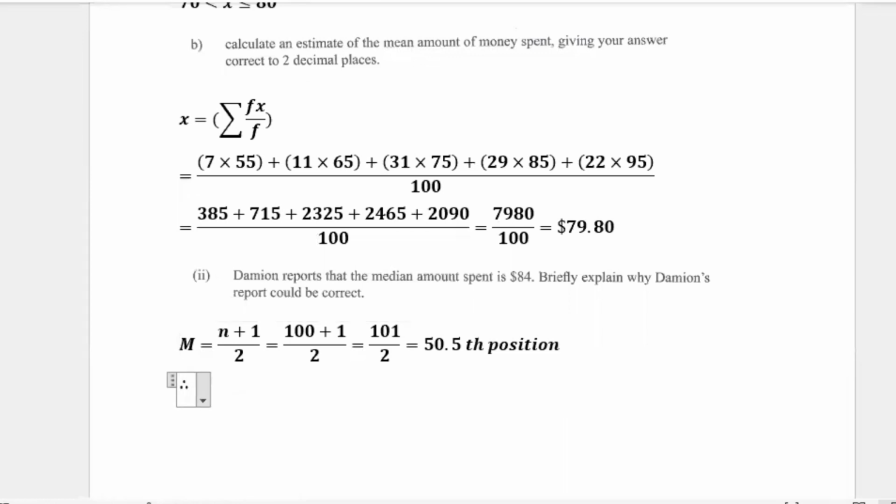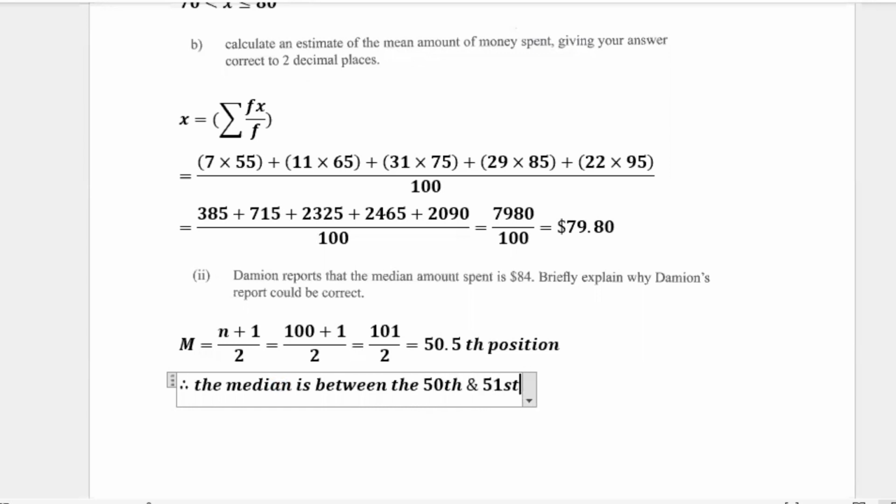So therefore, the median is between the 50th and 51st position.